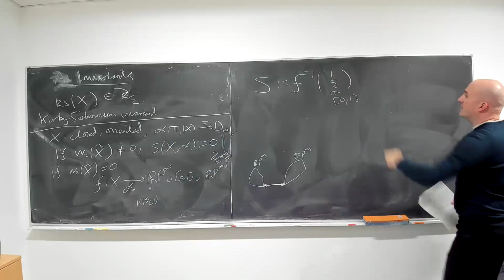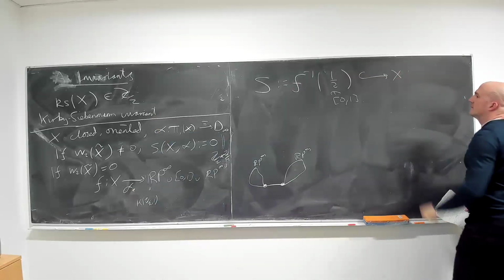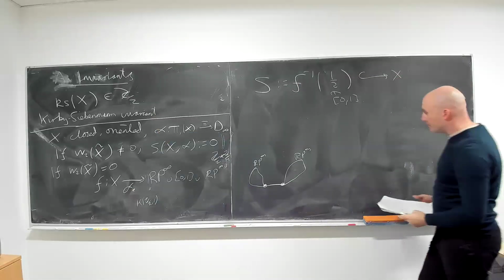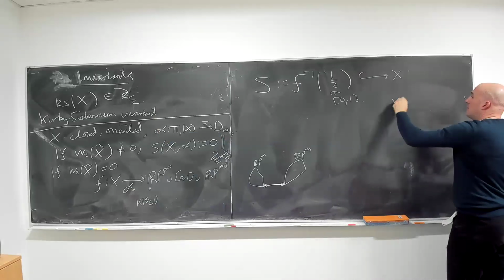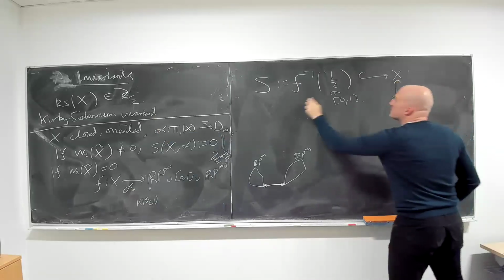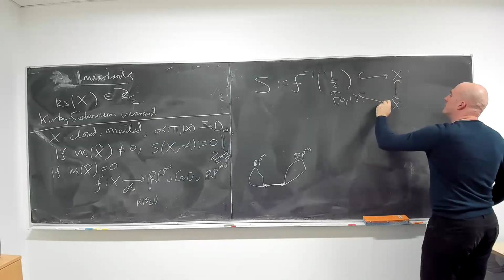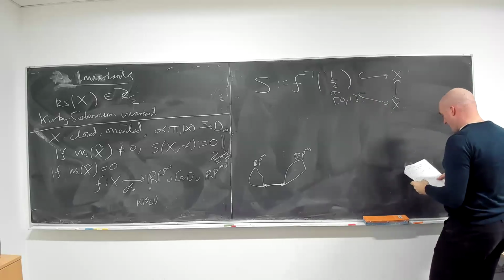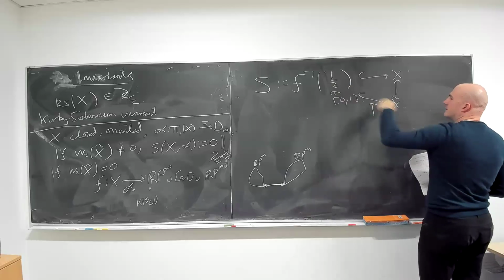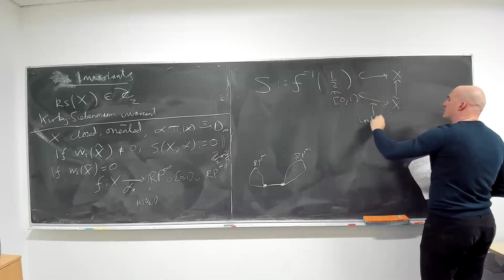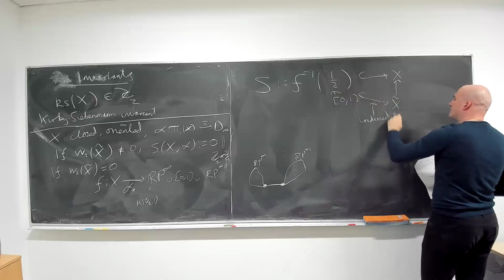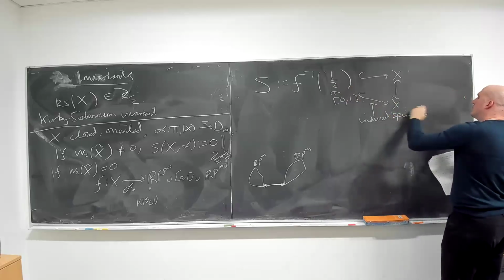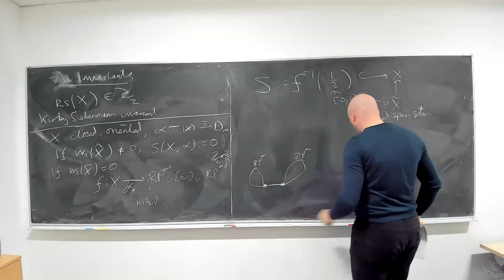And this is a subset of X. The universal cover maps to here, and this lifts to the universal cover, and so this inclusion gives us an induced spin structure. So this becomes a spin 3-manifold.